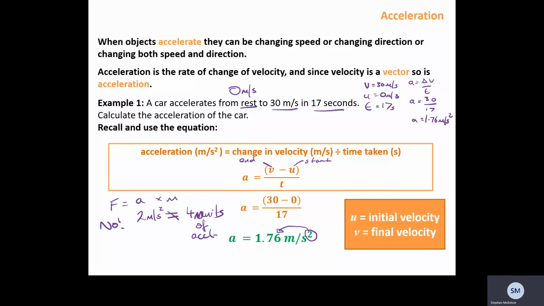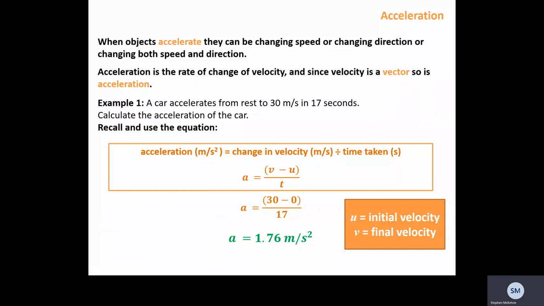The meters per second squared is referring to the unit. 2 squared meters per second is equal to 4 units of speed or velocity. Again, I'll take away my scribblings and you can have a look at that.